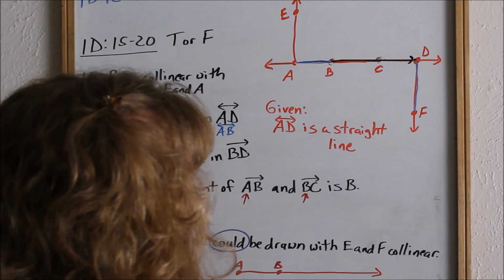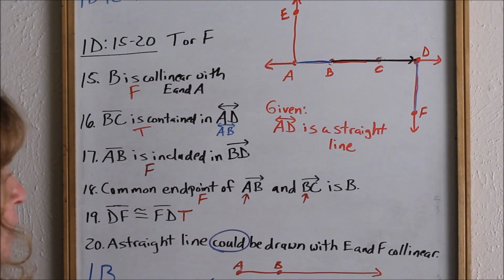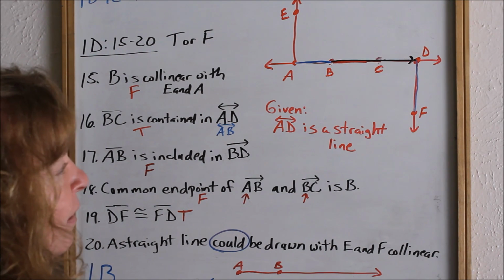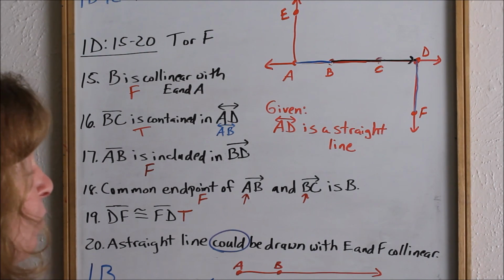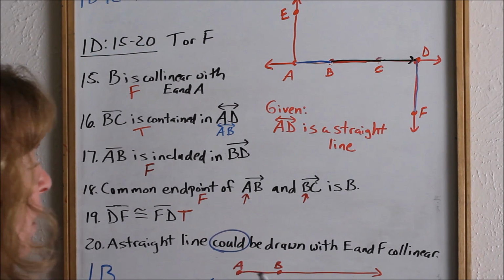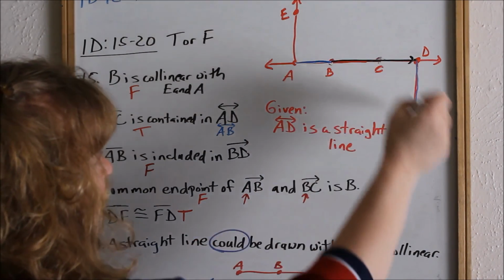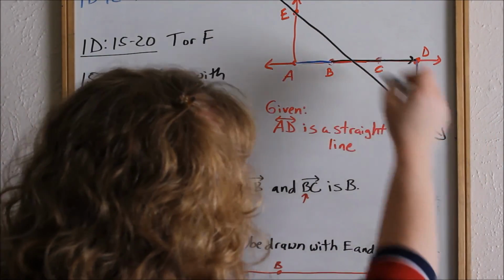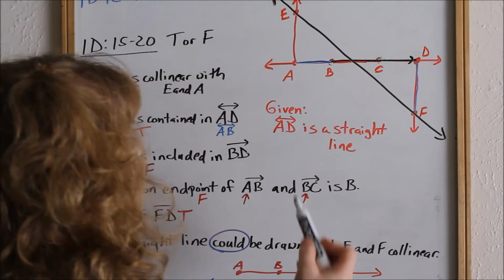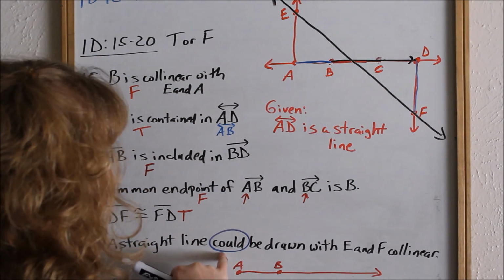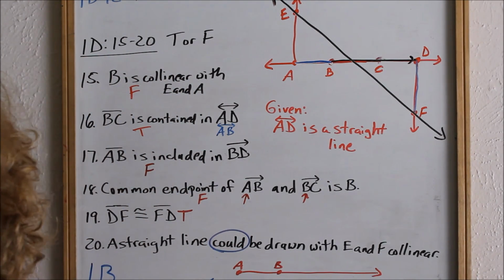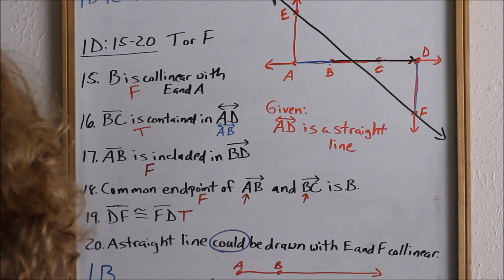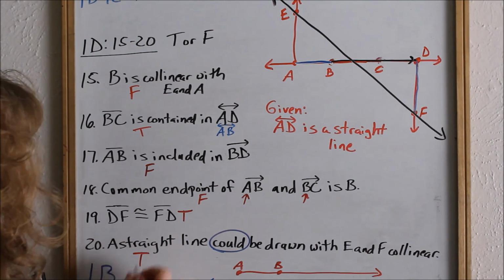When you're dealing with lines and points, you only need 2 points to draw a line. A line does have an infinite number of points, but you only need 2 to draw a line. So if you have point E and point F, yes, you could draw a line to where they are collinear. There is not one shown on the figure, but one could be drawn. So be careful of words like that. And so yes, that statement is true.